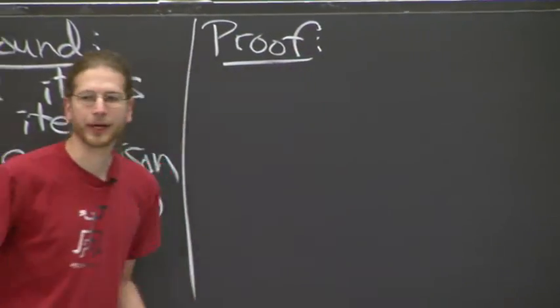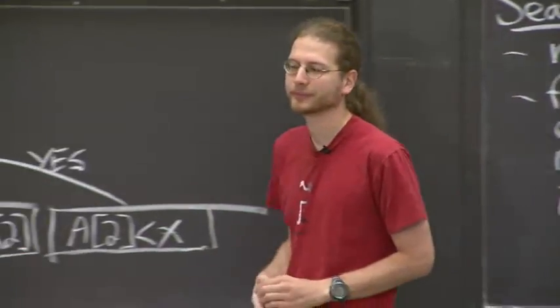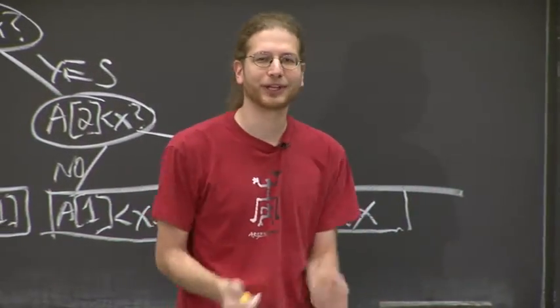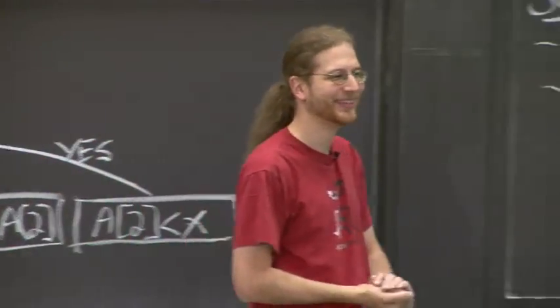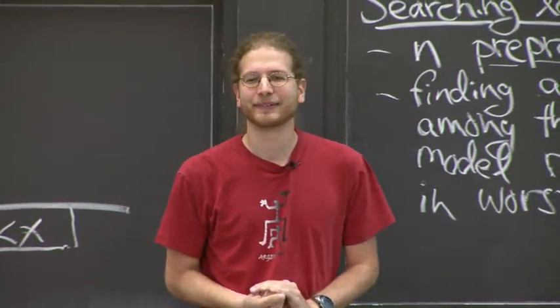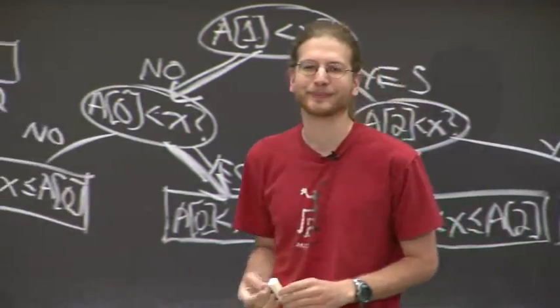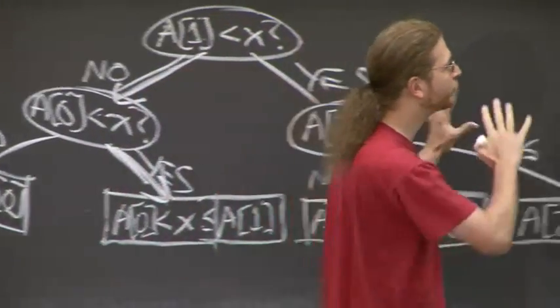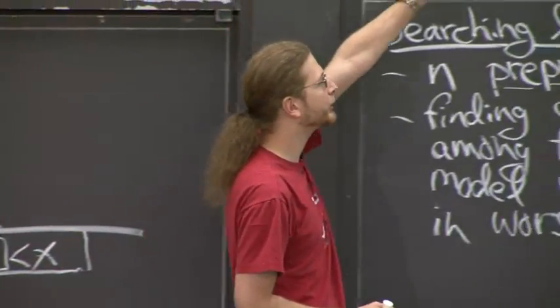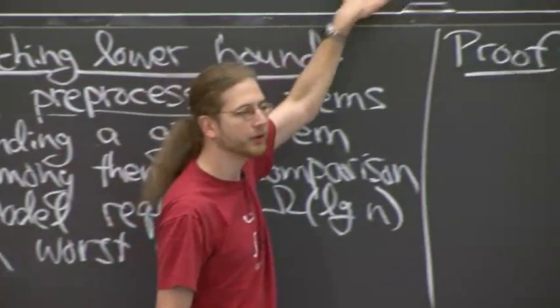Can someone tell me why? This is a little more interesting. But we have all the tools at our disposal now. We want to show that this is at least log n.